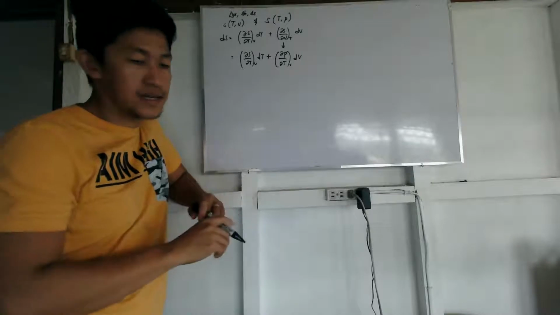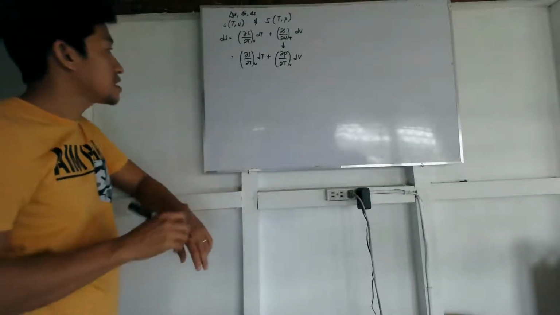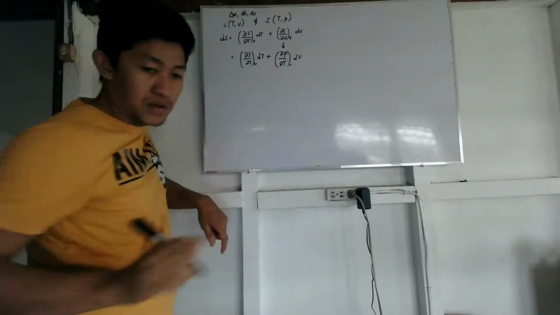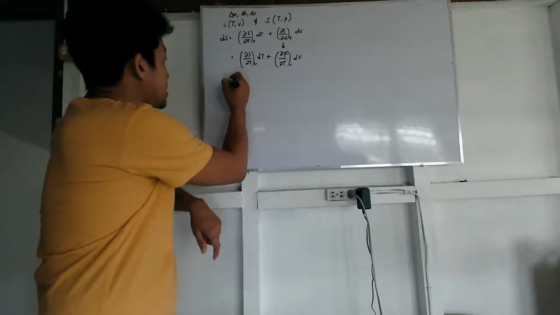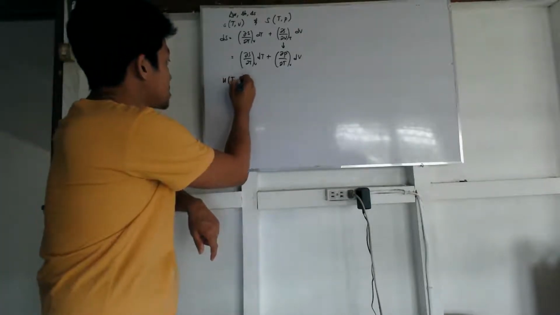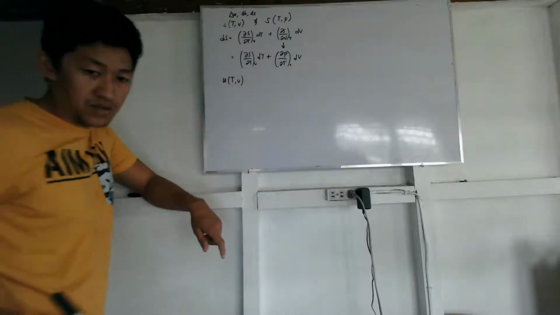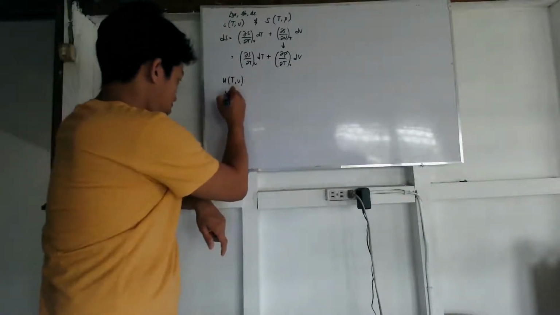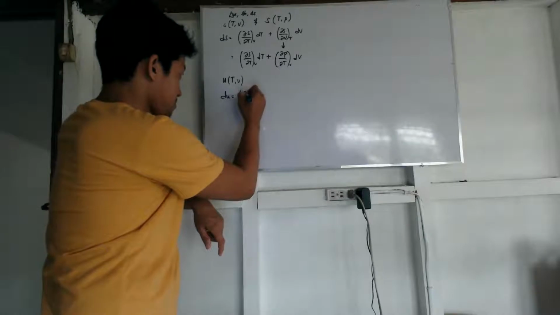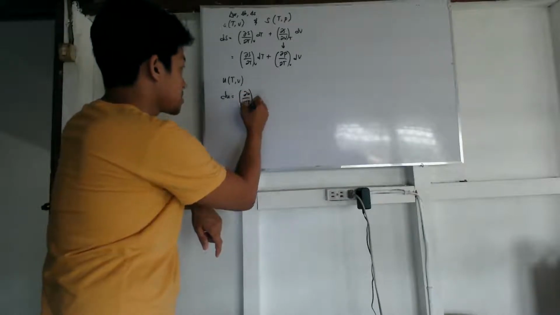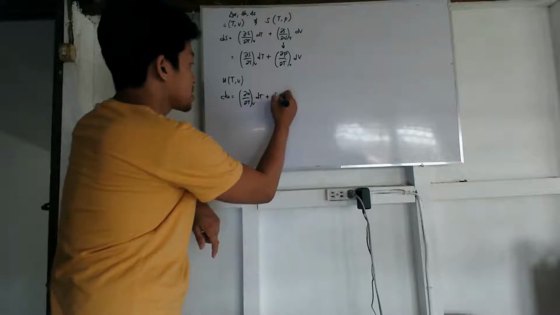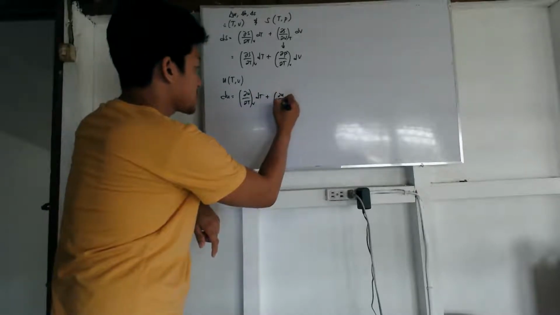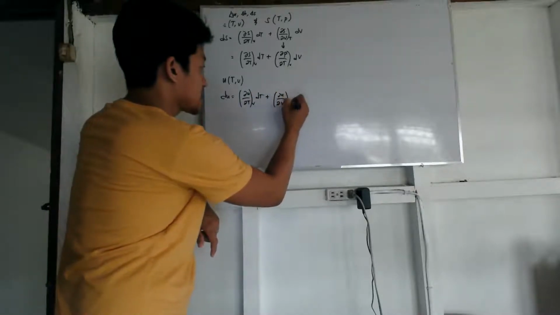And then, we will also derive internal energy as a function of temperature and volume. So, you have dU equals partial of U with respect to T dT plus partial of U with respect to V dV.